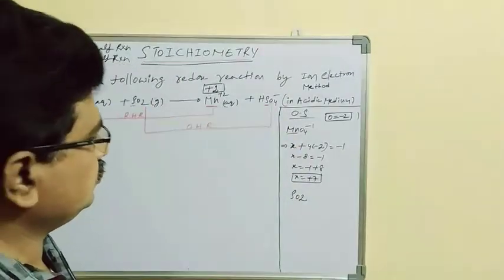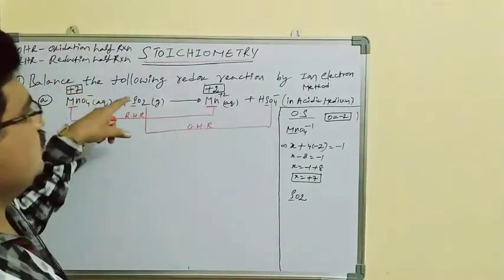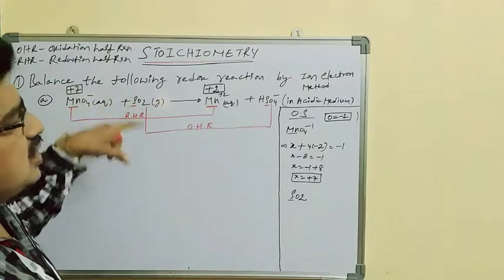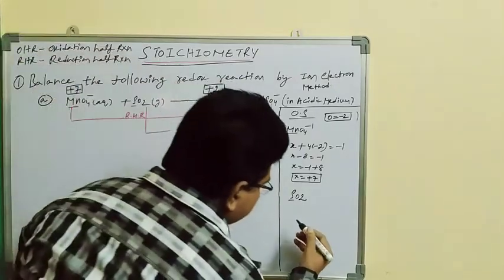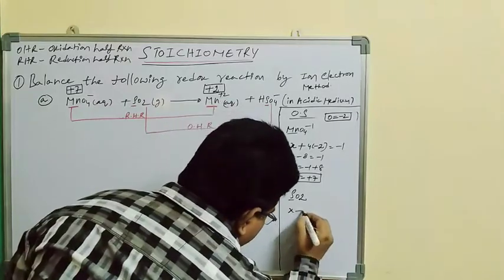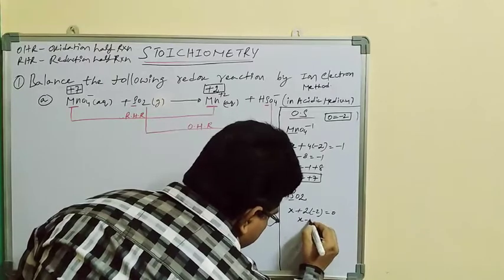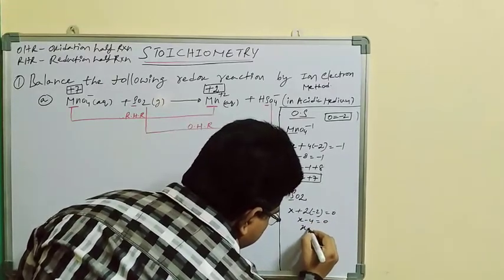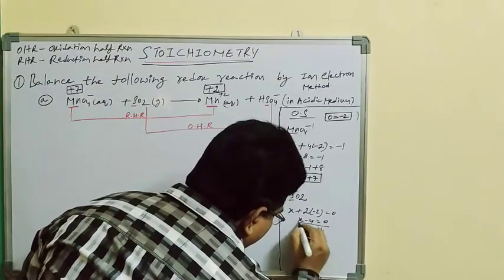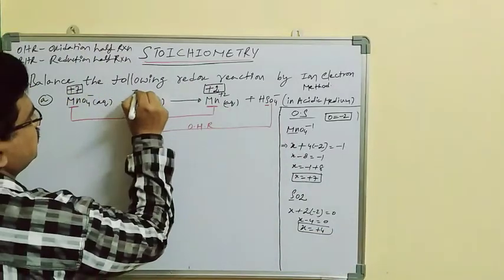In SO2 there is no charge, so the sum of all elements equals 0: x + 2 into -2 = 0, x - 4 = 0, x = +4. So the sulfur oxidation state is +4.